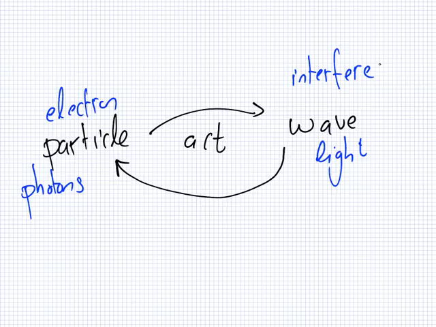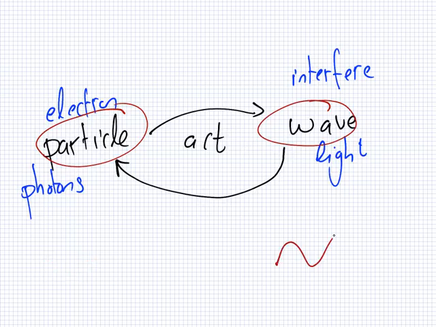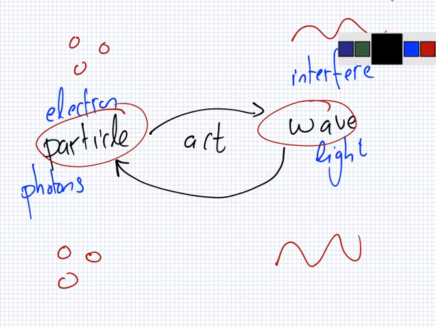So you studied this last semester, the relationship between particles and waves. That sometimes what is a particle can act like a wave, and what is a wave can act like a particle. It's not such a clear difference all the time. Yeah? Okay.